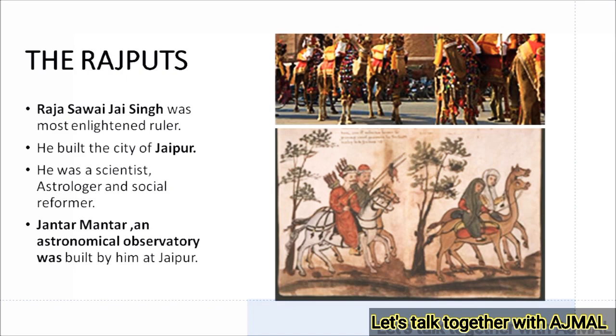He built many observatories in many cities of India like Jaipur, Mathura, Ujjain, Varanasi and Delhi. Among his observatories, Jantar Mantar is an astronomical observatory built by him in Jaipur.